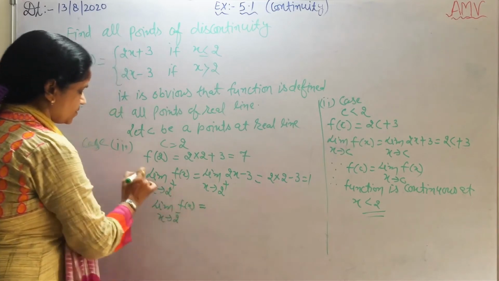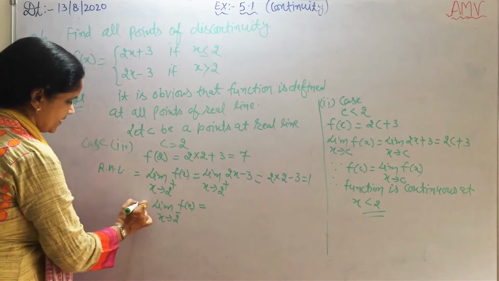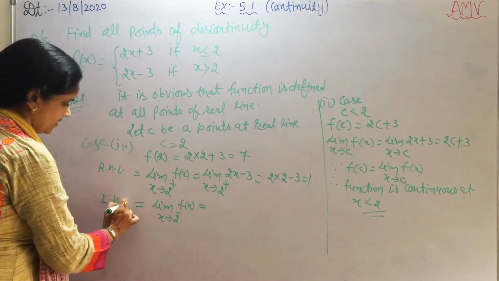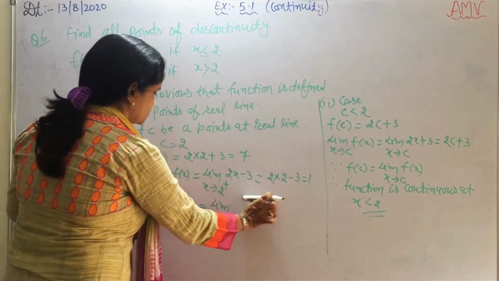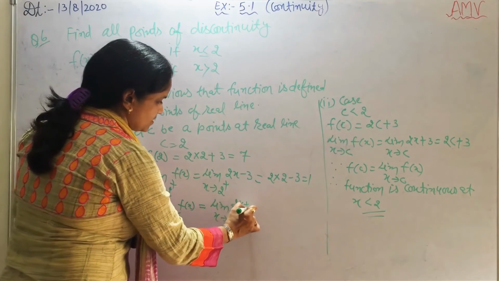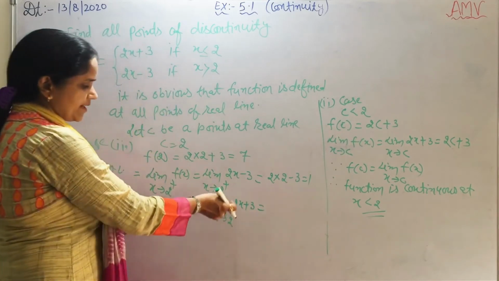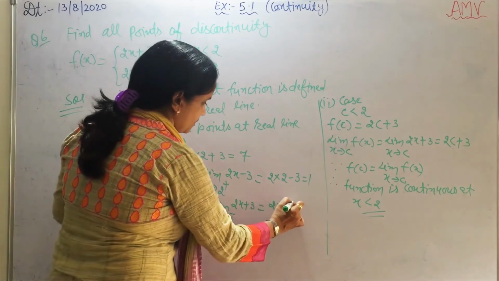Now find limit x tends to 2 negative f(x). You know it's a right hand limit and it's a left hand limit. It is limit x tends to 2 negative. Now write here 2x plus 3. Write 2 in place of x. So you will get 2 into 2 plus 3.